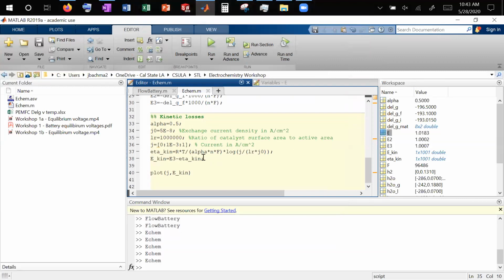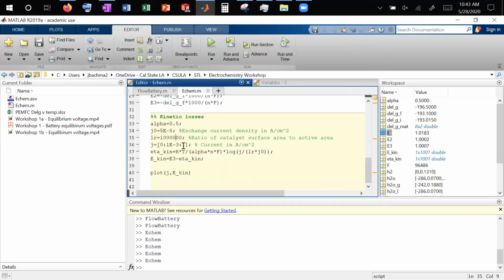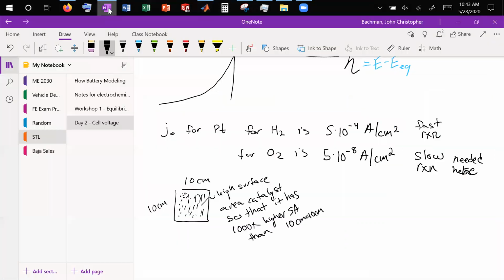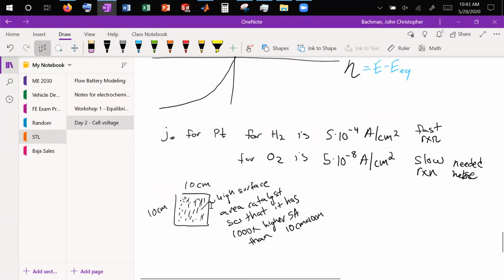So those are the kinetic losses. This ended up being 1, 2, 3, 4, 5, 6, so 1e6, in order to really get them down. But that's going to be a really expensive fuel cell. Or maybe you just hope you have a much better catalyst than platinum, and that's your other hope.